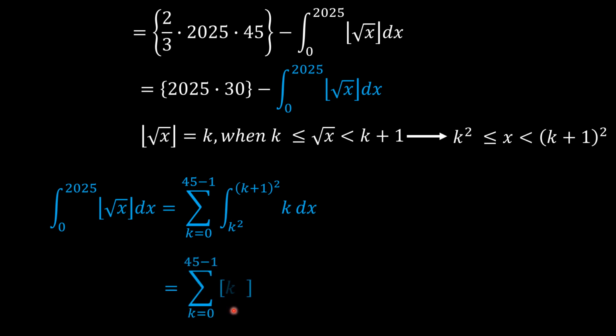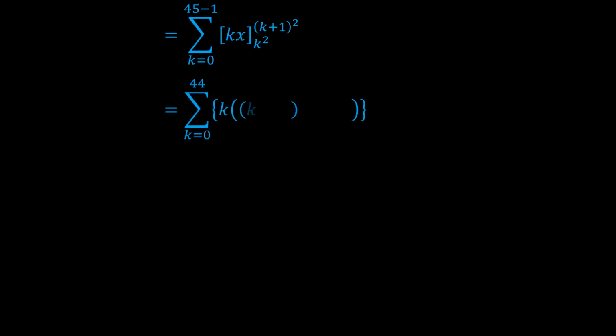So our summation becomes k times the integral of the constant over the limits applied appropriately, and the sum now becomes k times k plus 1 squared minus k squared.